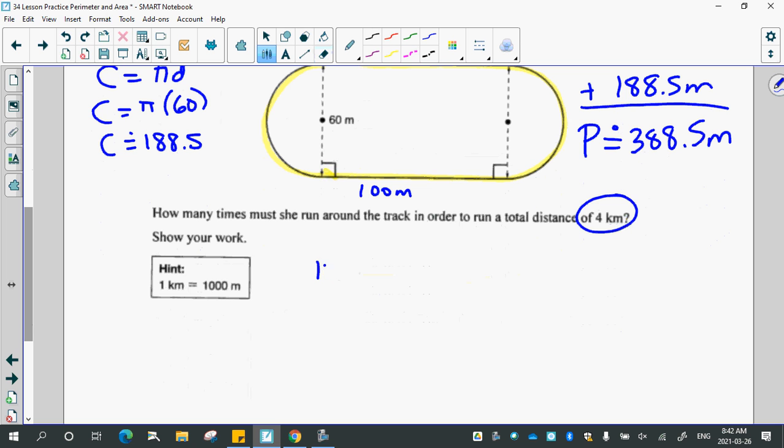So the number of laps is going to be the total distance I have to go, which is 4,000 meters. How did you know it was 4,000 meters, Glenn? Because 1 kilometer is 1,000. Right. Okay, so 4 kilometers is going to be 4,000 meters. Very good. So the number of laps is going to be the total distance I have to go divided by 1 lap. And when I divide those, I'll get the number of laps.